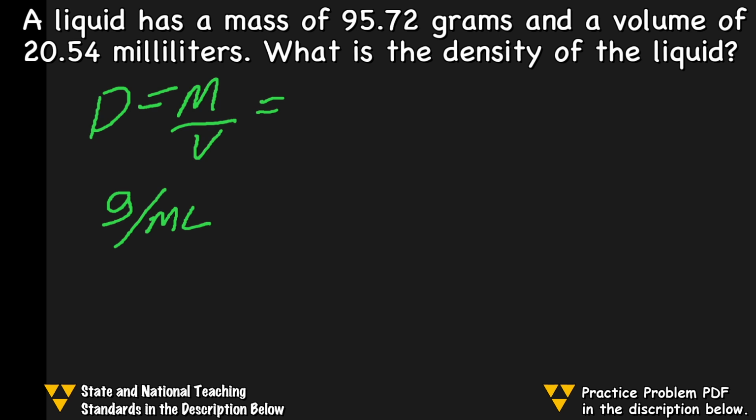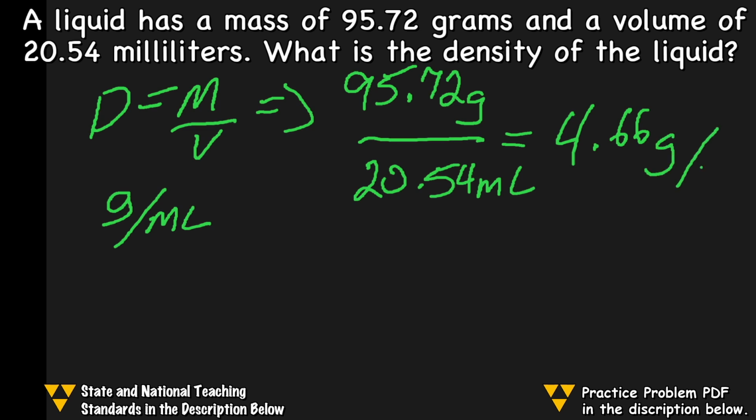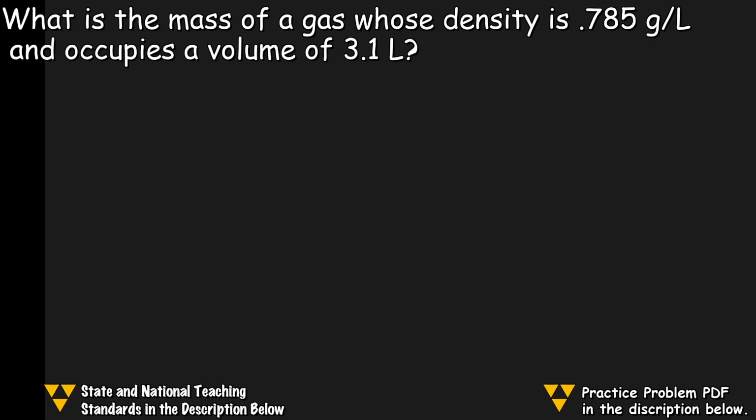So what we're going to do is take 95.72 grams over 20.54 milliliters. This is going to give me a density of 4.66 grams per milliliter. And that would be my answer. Okay, let's work another one.